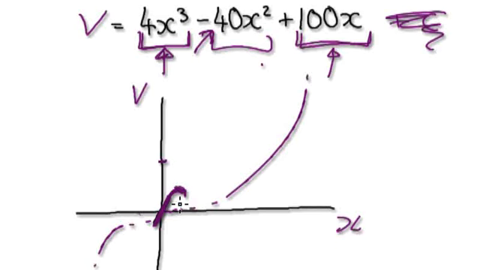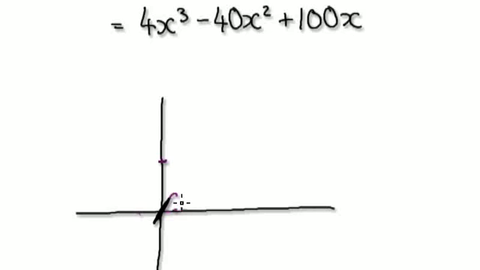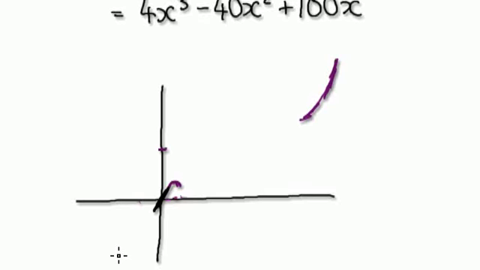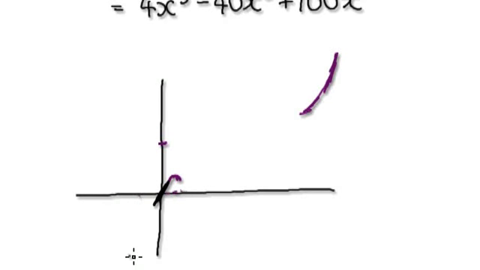When it's small, it wants to do a line with a gradient of 100. So we're going to guess it to be something like this. And then when it's big, it wants to do a positive cubic, and then it's got to curve down. We're going to guess it to be something like this.